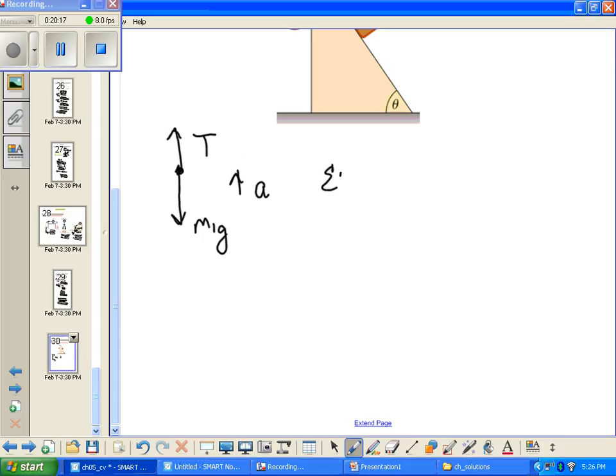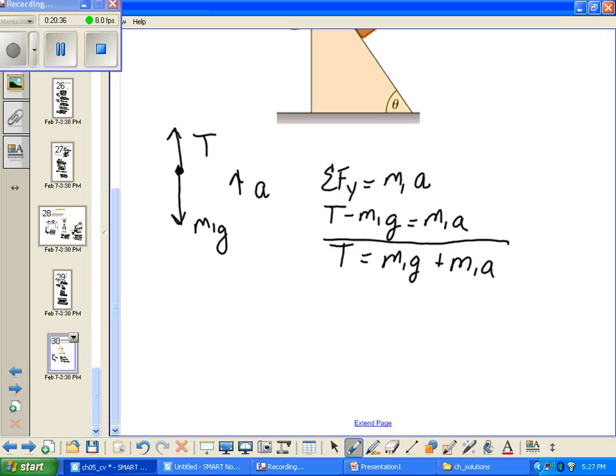So Newton's second law, the net force in y equals m1a, or T minus m1g equals m1a, T equals m1g plus m1a. Okay, well that was easy enough. Now let's work on the harder one.